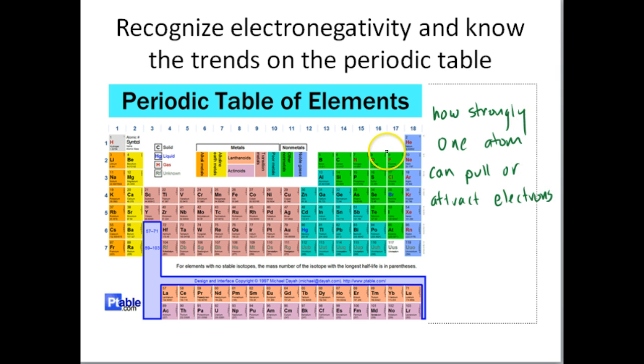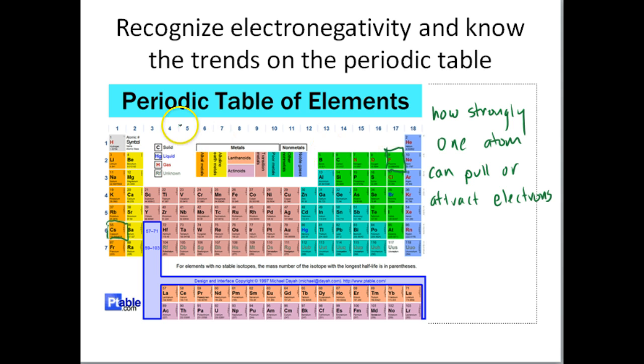So here, fluorine has the strongest pull, and cesium and francium, which don't really count, cesium has the least. So it won't pull other things.